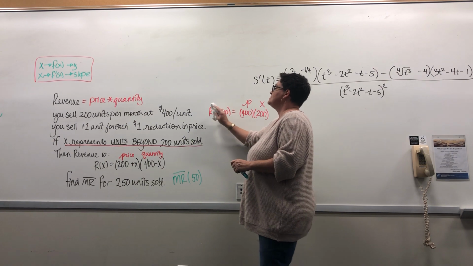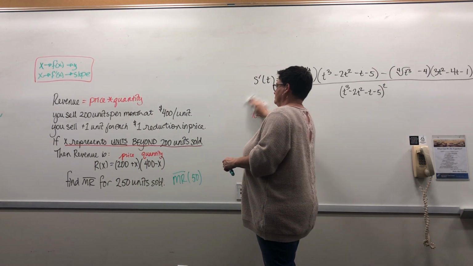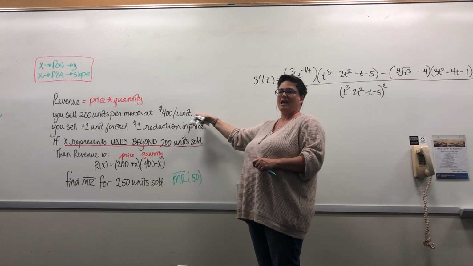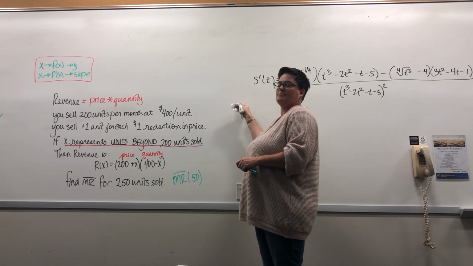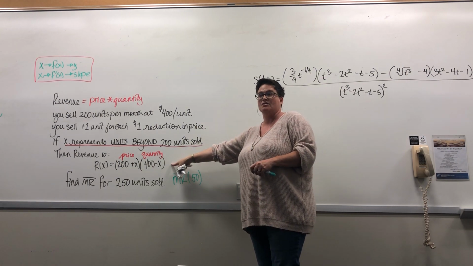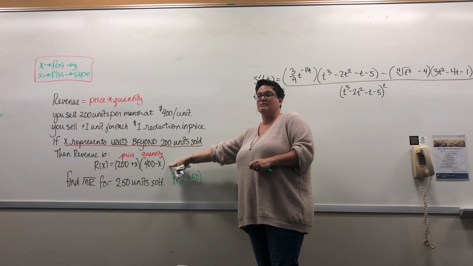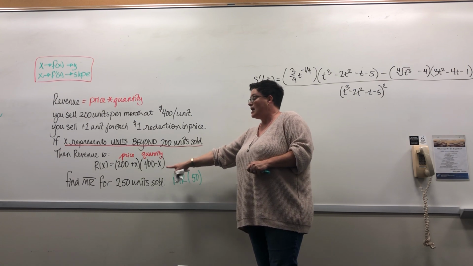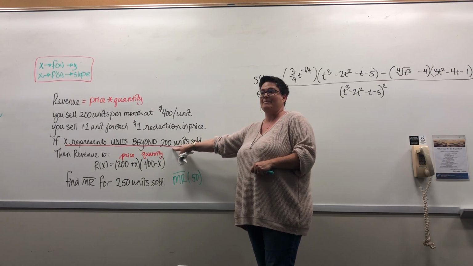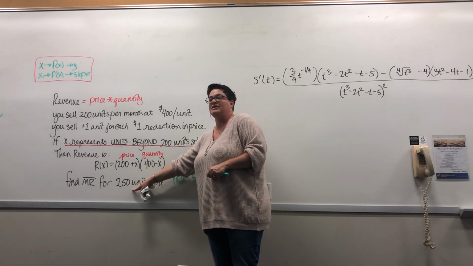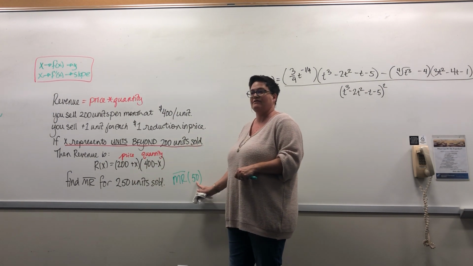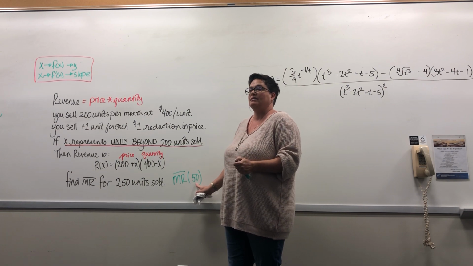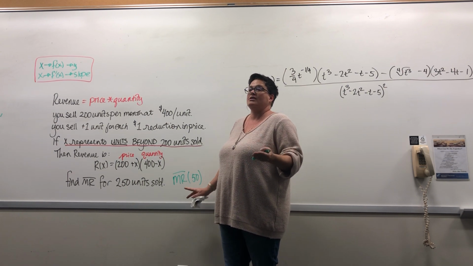This was the basic setup where I have some price times some quantity, then I modified it to create my real function. And then if I'm looking for 250 units sold, I'm not going to plug in 250 for X. I'm going to plug in 50 because it's the number beyond 200.